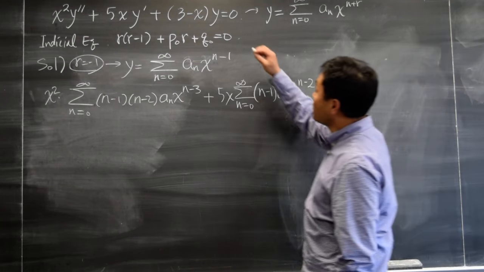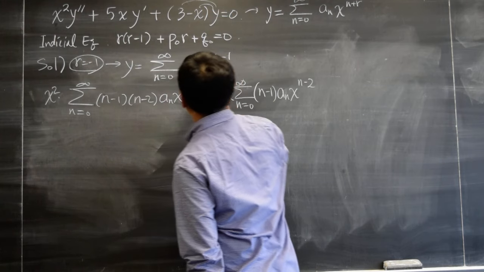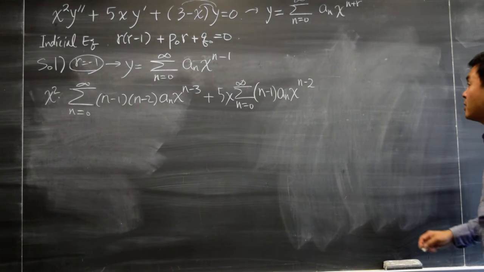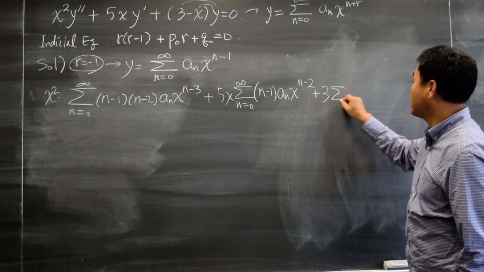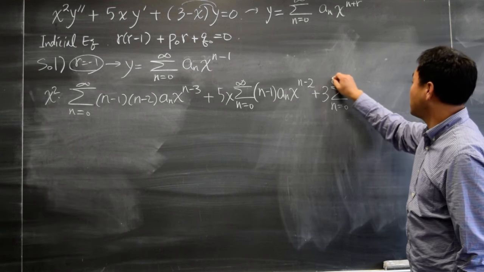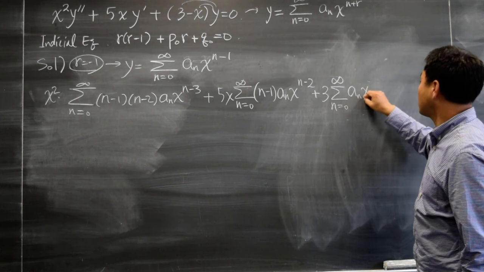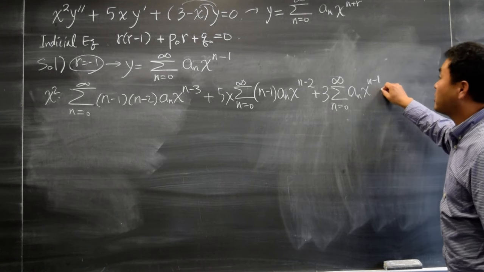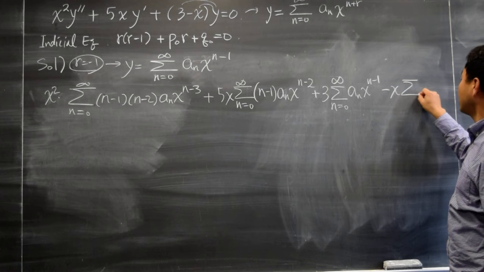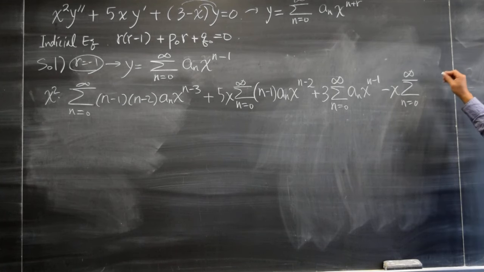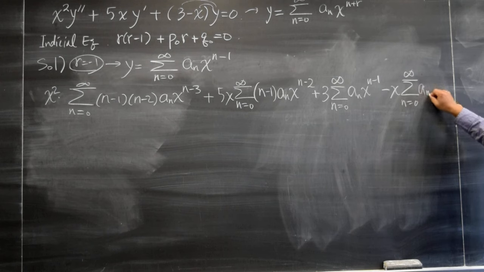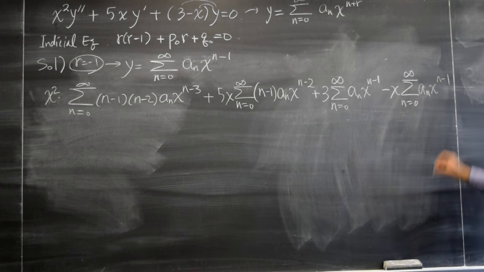And then for this one, you should multiply them out, and then write 3 times sigma n from 0 to infinity a_n x to the n minus 1, and then minus x sigma n from 0 to infinity of a_n x to the n minus 1.